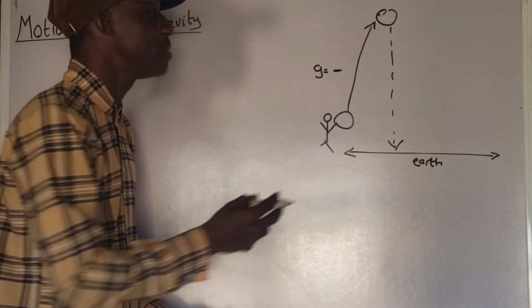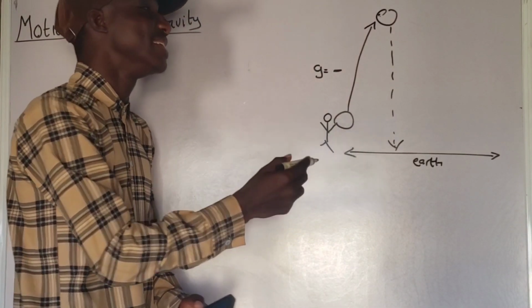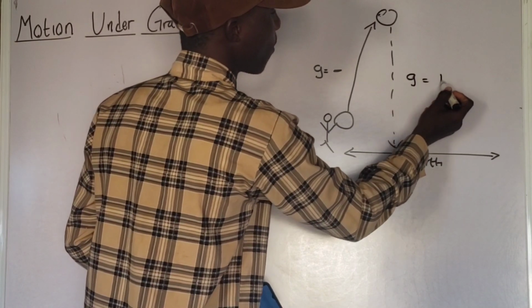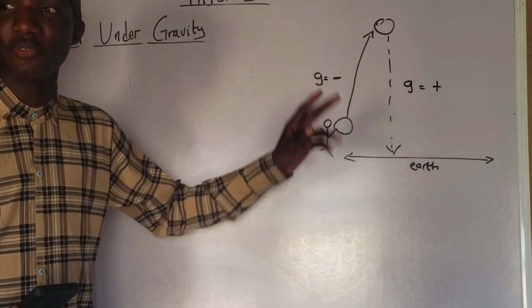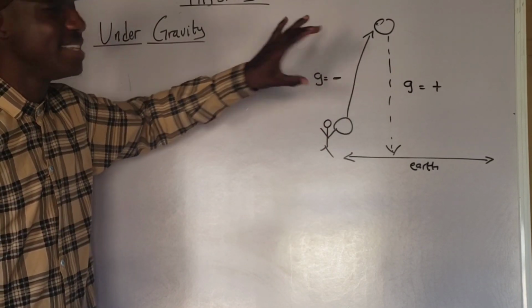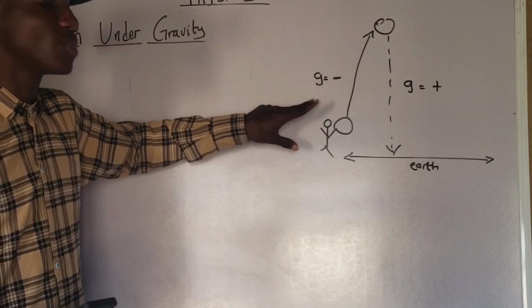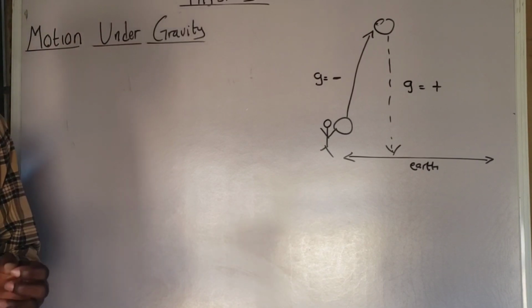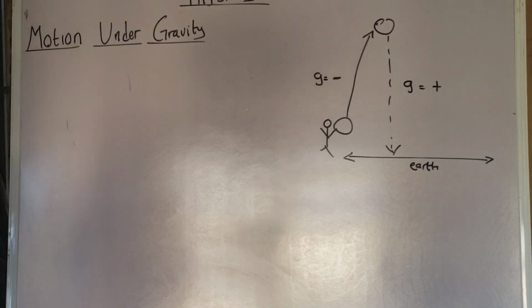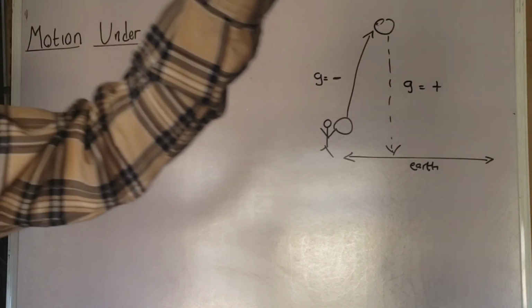Now, when the ball is coming down, the acceleration due to gravity will be positive. The reason is because the ball is moving towards gravity. In the first case, the acceleration due to gravity is negative because the ball is opposing gravity, because gravity is the force that causes an object at a height to come down.